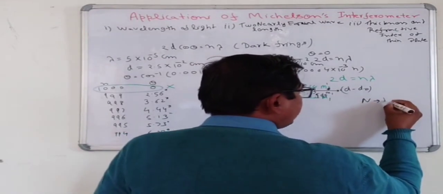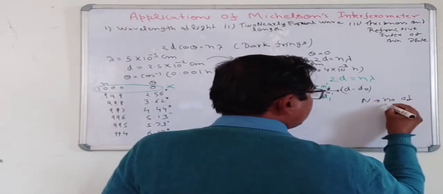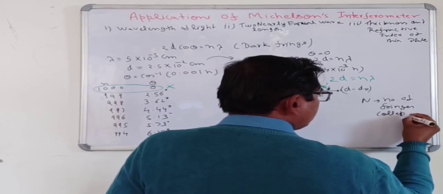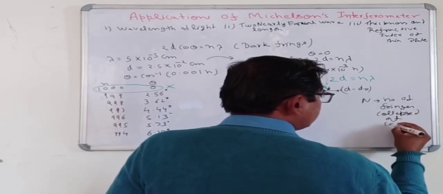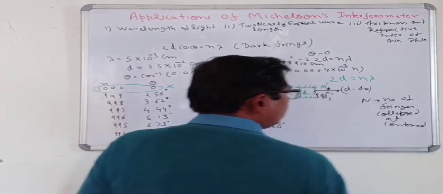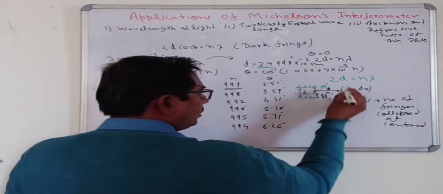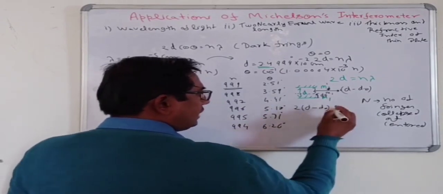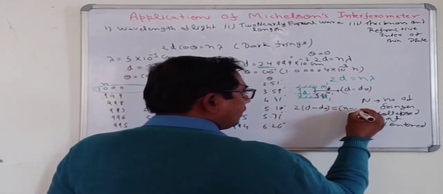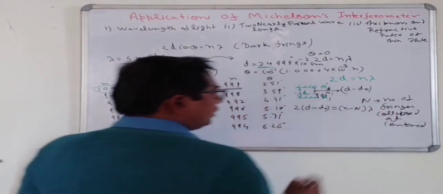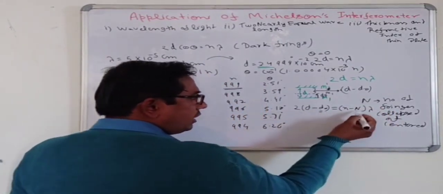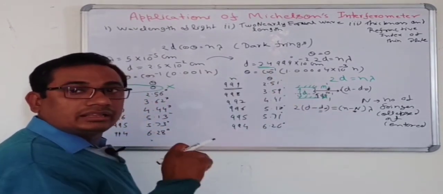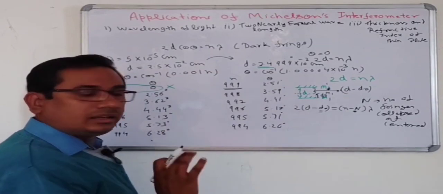This is the number of fringes collapsed at the center. You can see that 2(d minus d naught) is equal to capital N lambda. It means that when d decreases, we count the number of fringes collapsing at the center, which we have observed at the center.